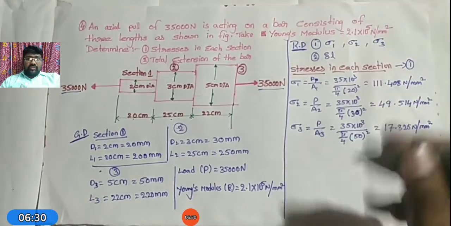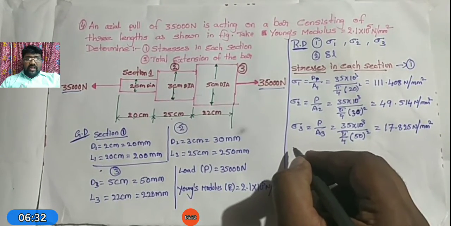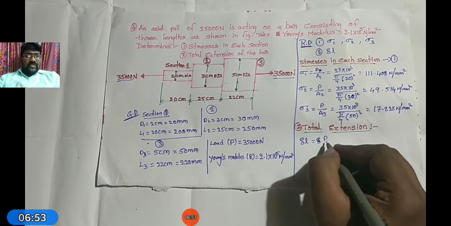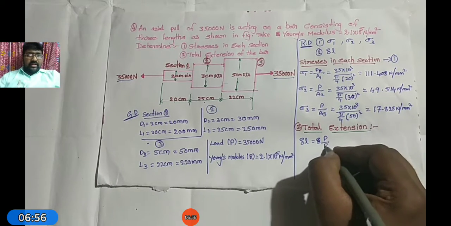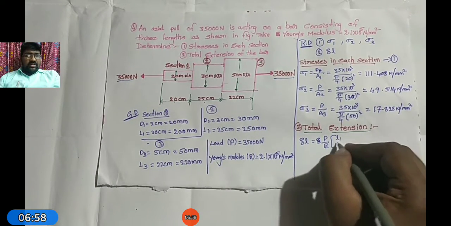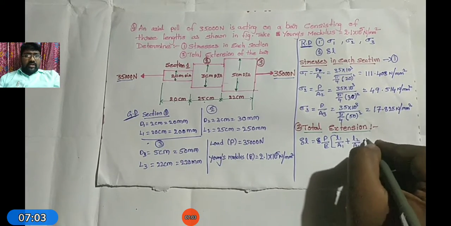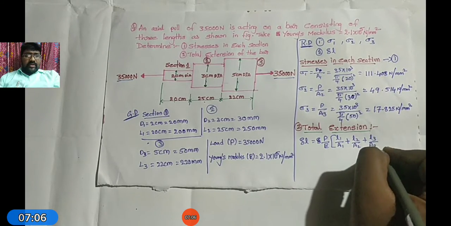The first objective is determined, so we need to calculate the change in length, that is the total extension of the bar. The total extension is P by E times L1 by A1 plus L2 by A2 plus L3 by A3.